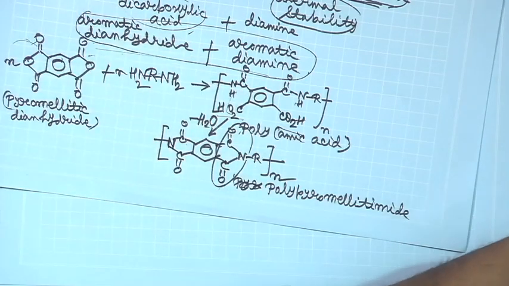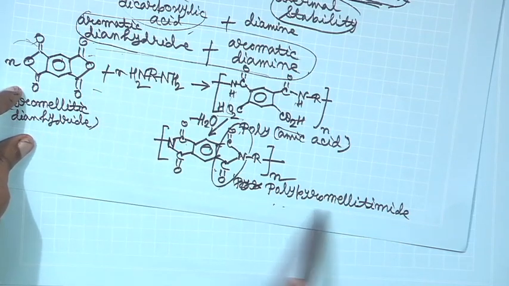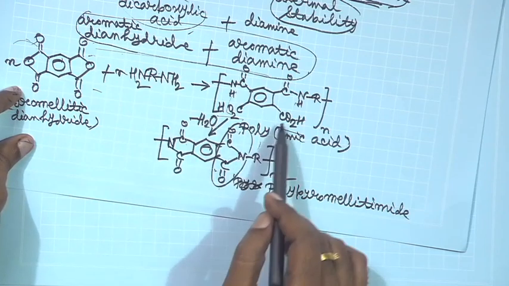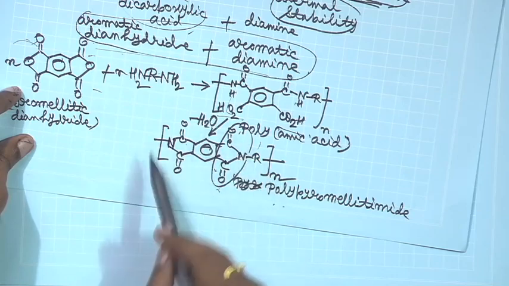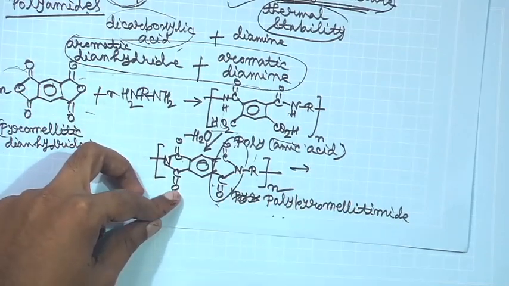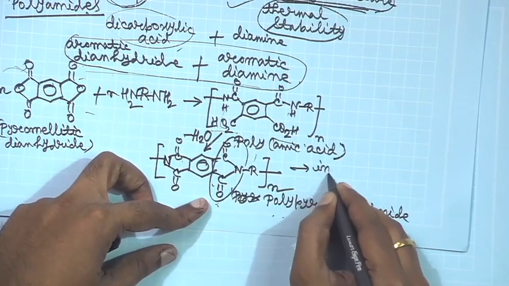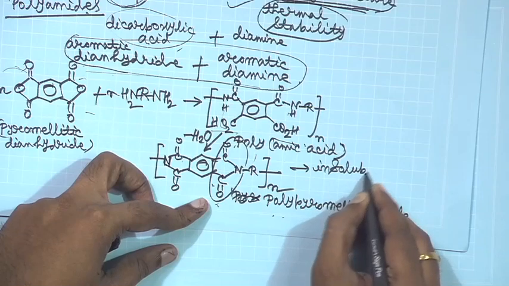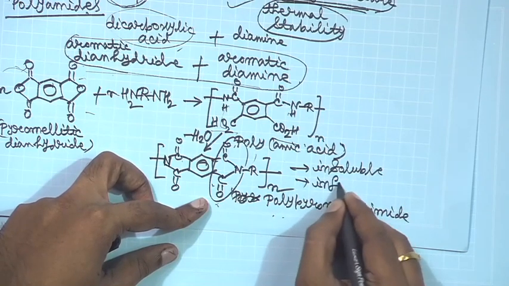Now, you might ask me this question: why do we not go directly to polyimide, why do we need to synthesize polyamic acid first and then go to the polyimide? The answer is, the final products, the polyimides, are typically insoluble, they are not soluble in most of the solvents, and they are also infusible.